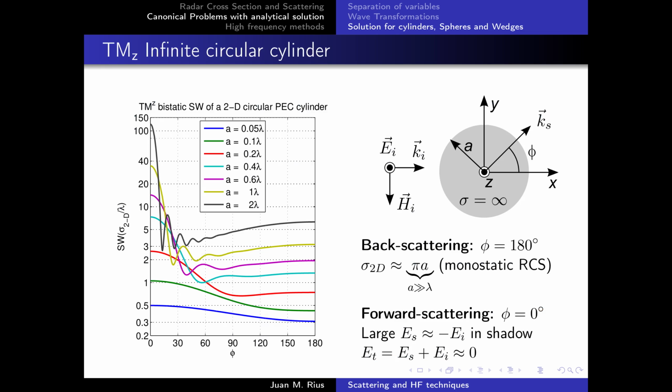We can observe here the plot for the TM case for different cylinder radius. Blue color is the smallest cylinder radius, lambda over 20. This is very small. It is almost constant in frequency.